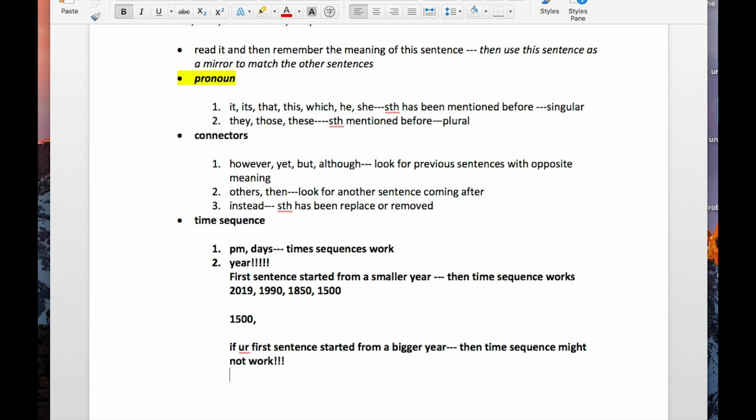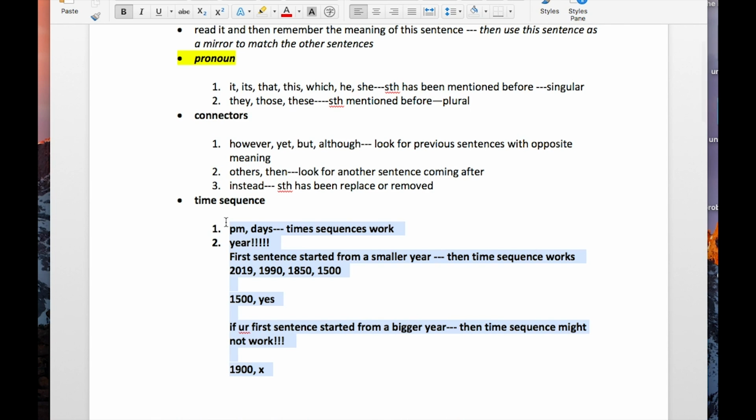Under the same case, if your first sentence starts from a bigger time, let's say 1900, obviously the time sequence is not going to work. So big no, no, no. Under the other case, it might be yes. So you need to be careful about your time sequence. Okay, now let's take a few examples and talk about how we use it.